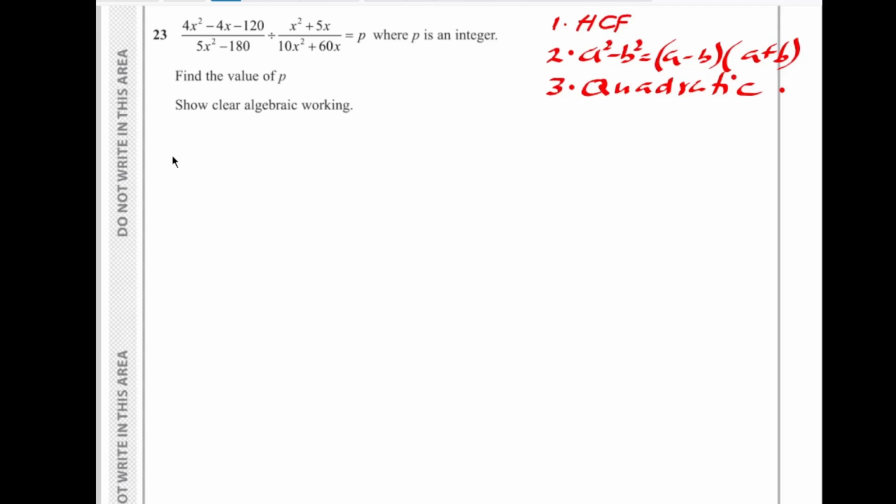The first one is, I'm rewriting the question. Can you see that there's a common factor? 4 is common, therefore I'm taking out 4. Once I take out 4, x squared minus 6 minus 30. Here also, there's a common factor which is 5. Once I take out 5, x squared minus 5 times 3, 15, 3, 6.